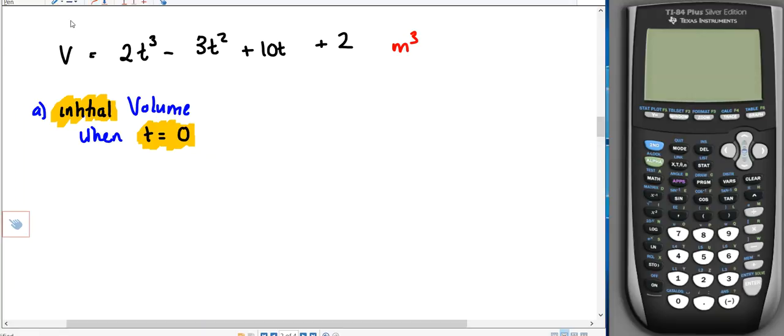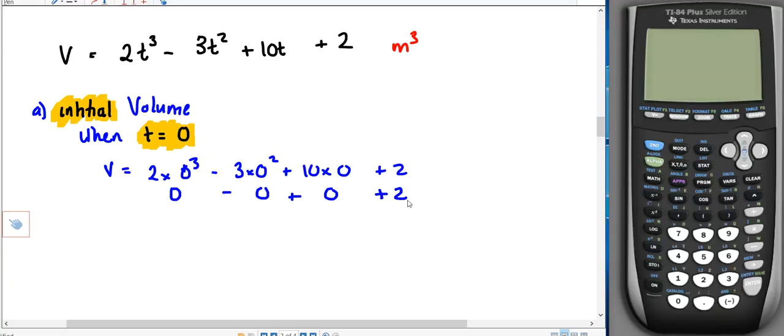So there's a long way and a quick way. We either go V equals 2 times 0 cubed minus 3 times 0 squared plus 10 times 0 plus 2, and we work it all out, which is then 0 minus 0 plus 0 plus 2. Or we know that the constant bit is what it's going to be.